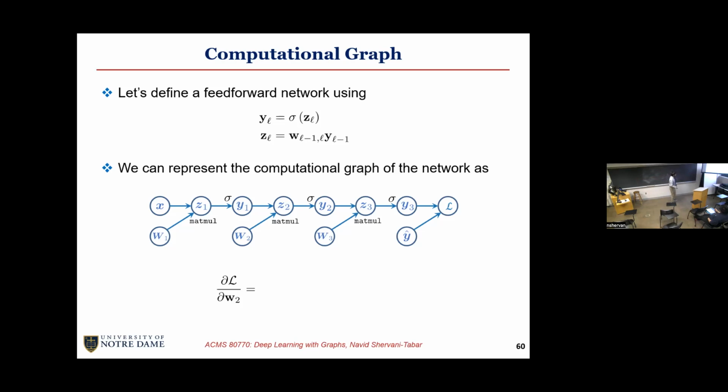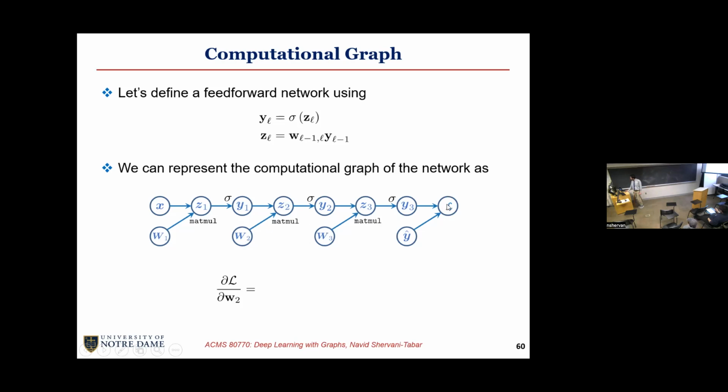So this computational graph can help us to write that with more ease. Let me just show it here. So here, okay. I have this function L, and I want to compute its derivative with respect to W2.